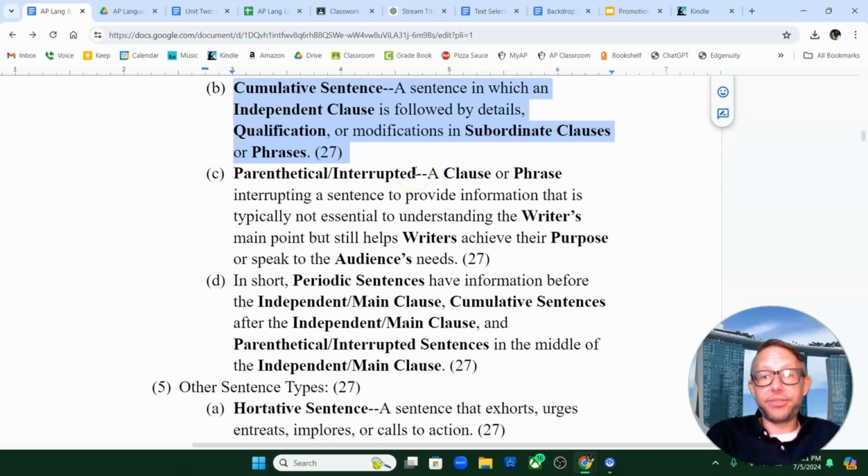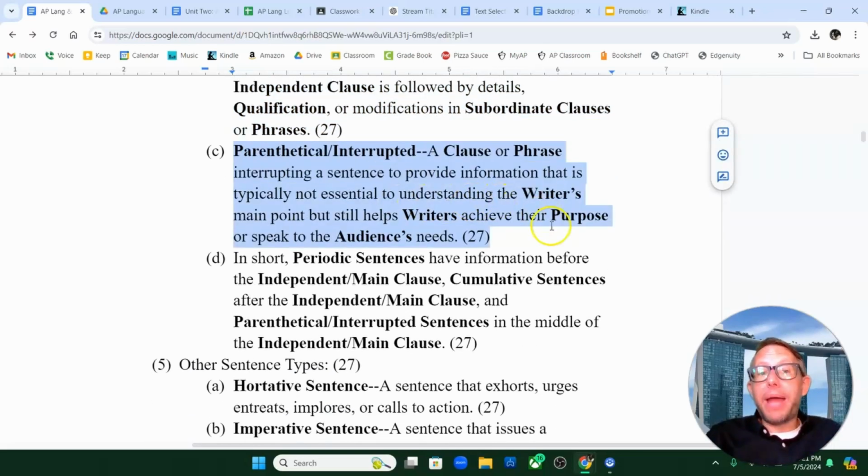And then, of course, the flip side of that would be the thing we call a parenthetical or interrupted sentence, okay? This is when a clause or phrase interrupts a sentence to provide information that is typically not essential to understanding the writer's main point, but still helps writers achieve their purpose or speak to the audience's needs. So, the English language doesn't always move completely linearly. And we have that option in a lot of situations to interrupt what we're saying in the middle of a sentence.